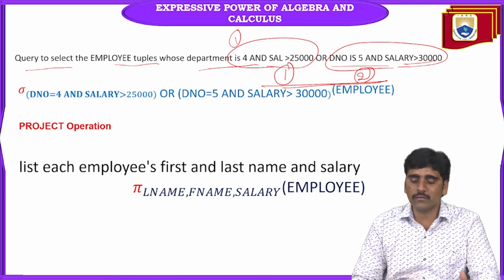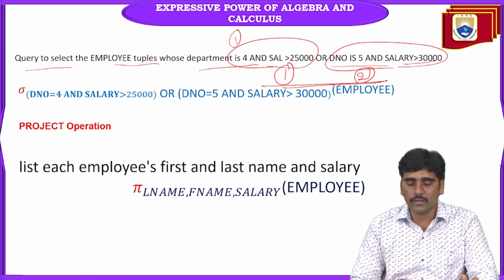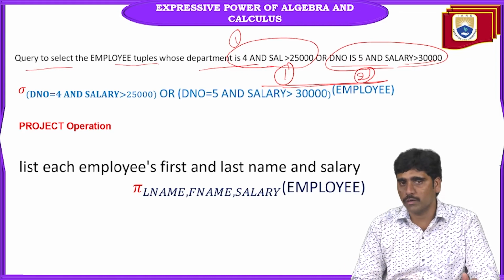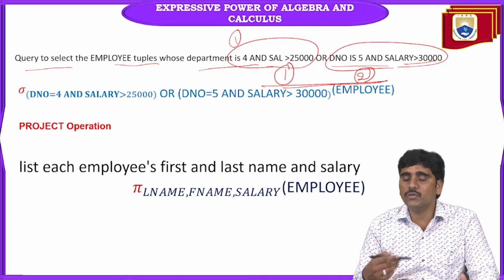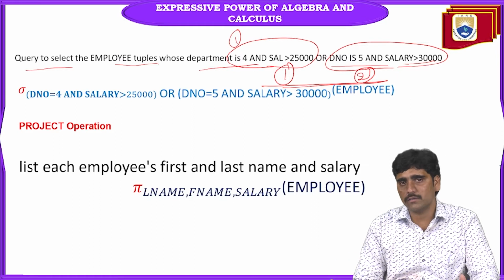Generally you can write the query: select star from employee where department number is 4 and salary greater than 25,000, or I can use both AND and OR operators.